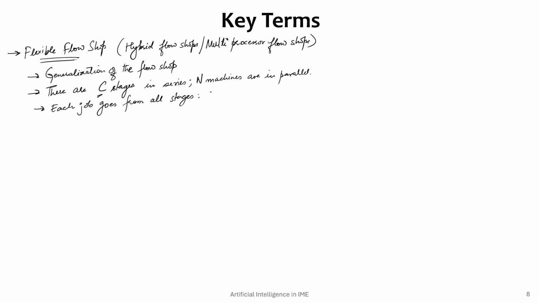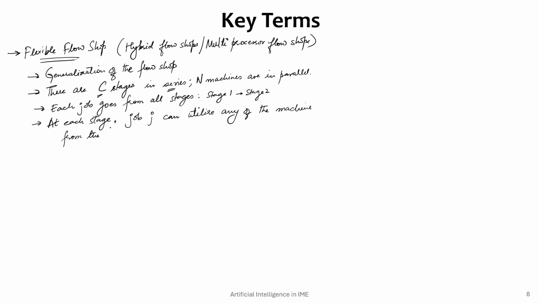So, if there are C stages, let us say from stage 1 to stage 2, like that, they are all in series, so they have to follow the sequence, and at each stage job J can utilize any machine from the machine pool available at the cth stage.